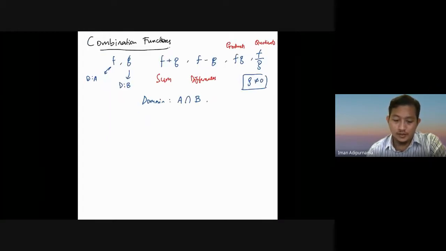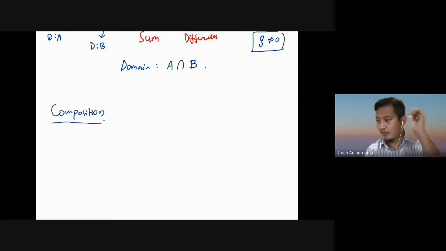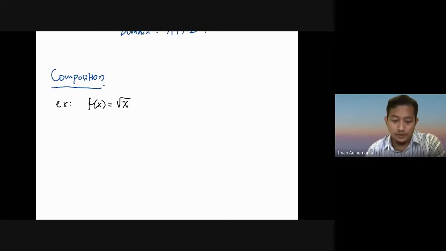Okay, and I will go directly to compositions. Let me get to an example. We have f of x equals square root of x. We have g of x, that is x squared plus 1.